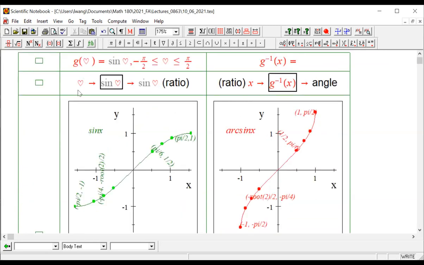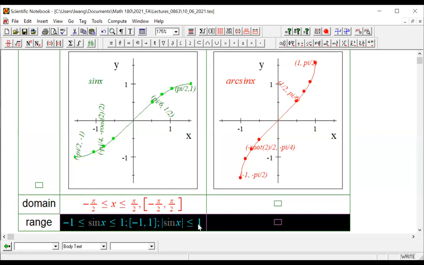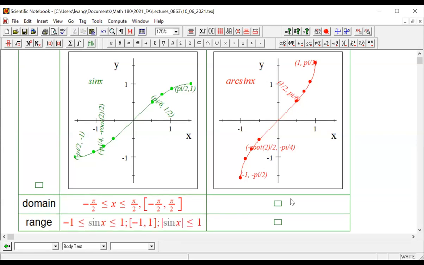So in this description, the input is described by the domain requirement. The output is a ratio. A ratio is between -1 and 1. And these two, domain and range, one's domain is the other's range because they are inverse functions of each other.